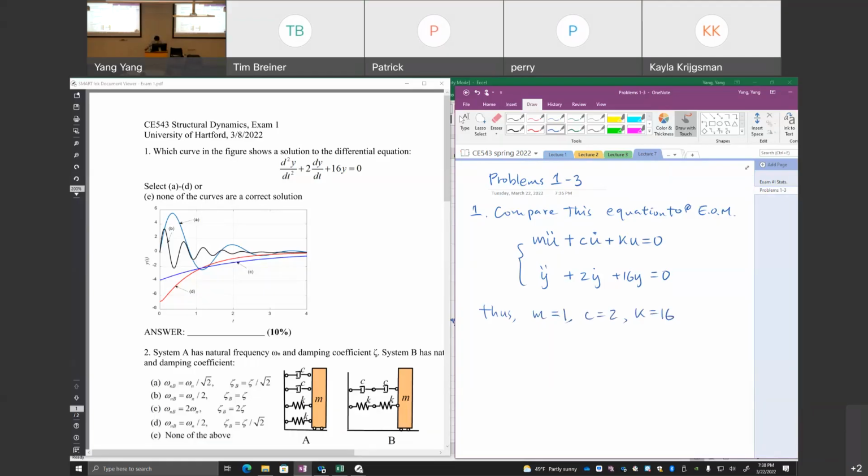And the next step, since there are 4 curves for us to select from, it's better to write y as a function of time. So we need to know the natural frequency, omega n equal to the square root of k over m. This is the natural frequency.